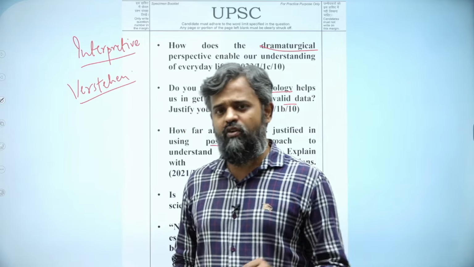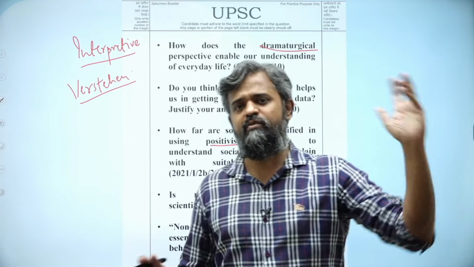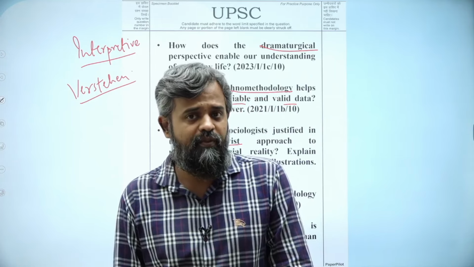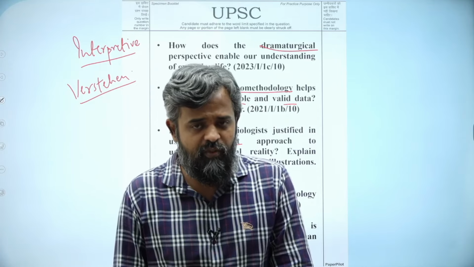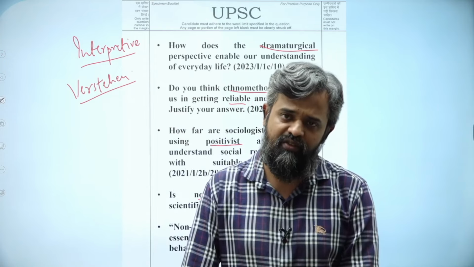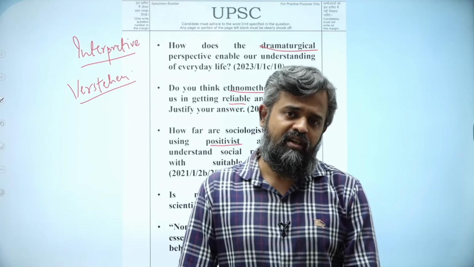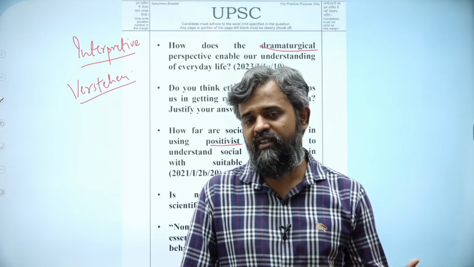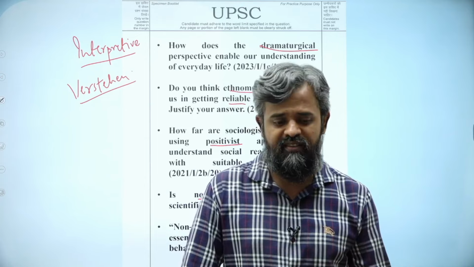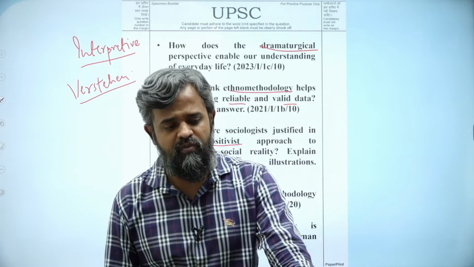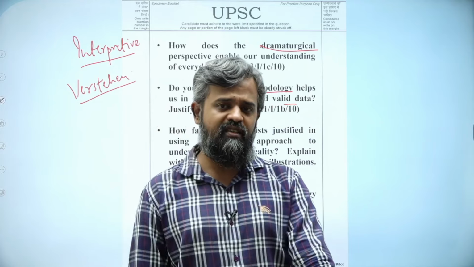What are the limitations of interpretive sociology, the interpretive approach? Well, direct observation, they keep talking about direct observation issues. Direct observation also requires prior knowledge of the culture being studied. So these days, direct observation is not something that people just randomly start. Before that, there's a lot of homework that is done, a lot of tasks that are accomplished. The second criticism is that interpretive sociology assumes that people in society consider their actions to be rational, which might not always be the case.